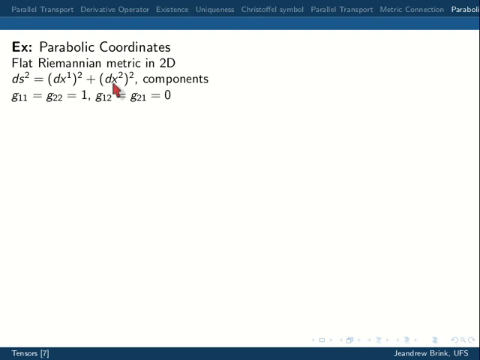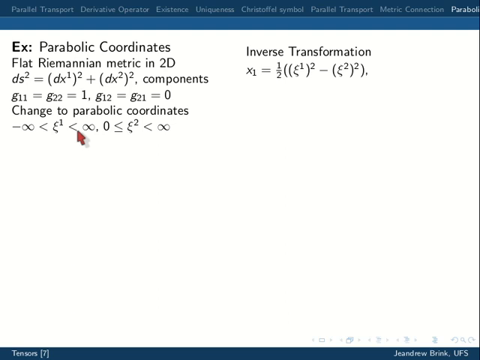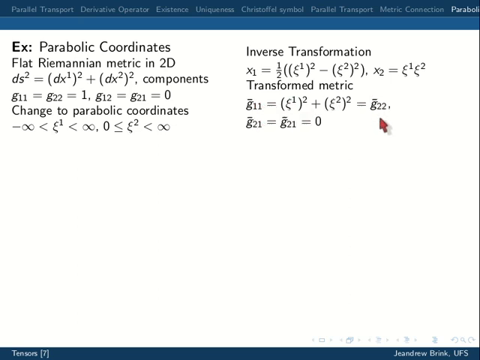But suppose you want to parallel transport a vector along a parabola. You can then change to your parabolic coordinates, which we did the last time. So we had the two new coordinates, and we then worked out the inverse transformation, and we could work out that our transformed metric had the components G11 equal to the sum of the coordinates squared, which is equal to G22, and the off-diagonal elements were 0.